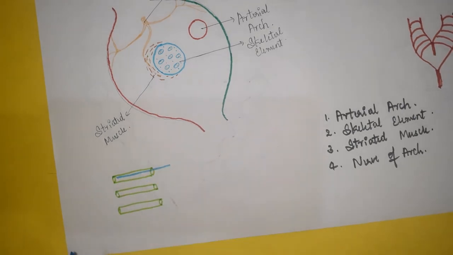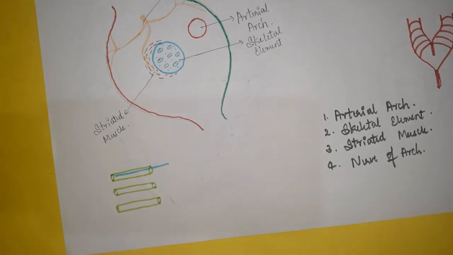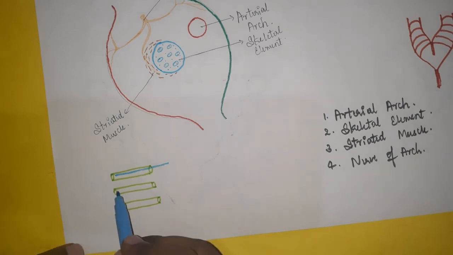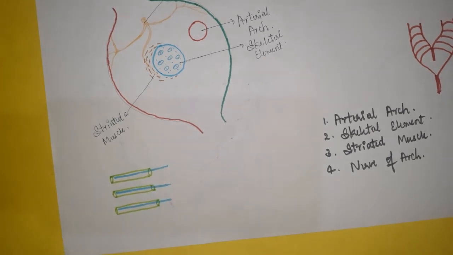This is the original nerve, which is present in the cranial border of the arch. This is the cranial border, this is the caudal border. The same is true for this arch also. This is the original nerve and it is present in the cranial margin. So in lower animals, there is a dual or double nerve supply.